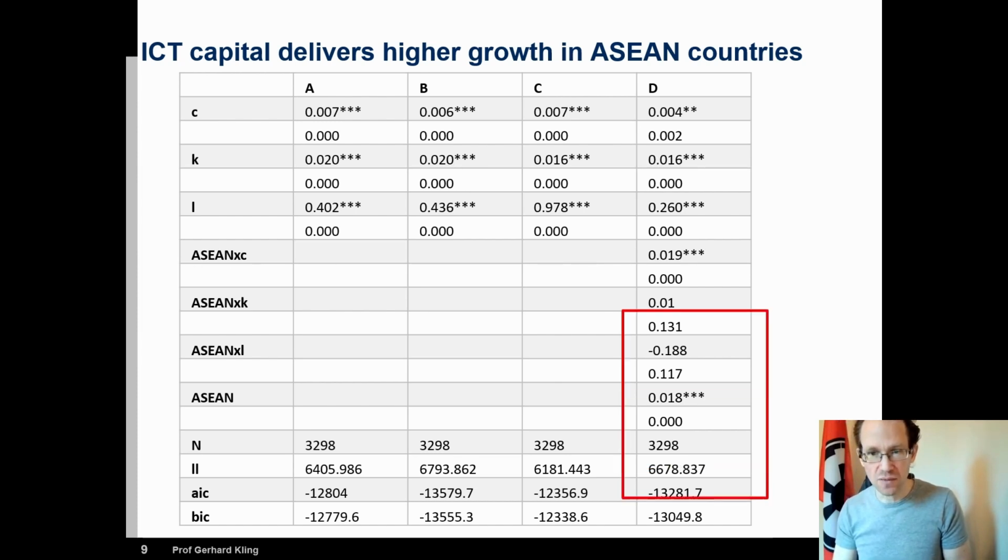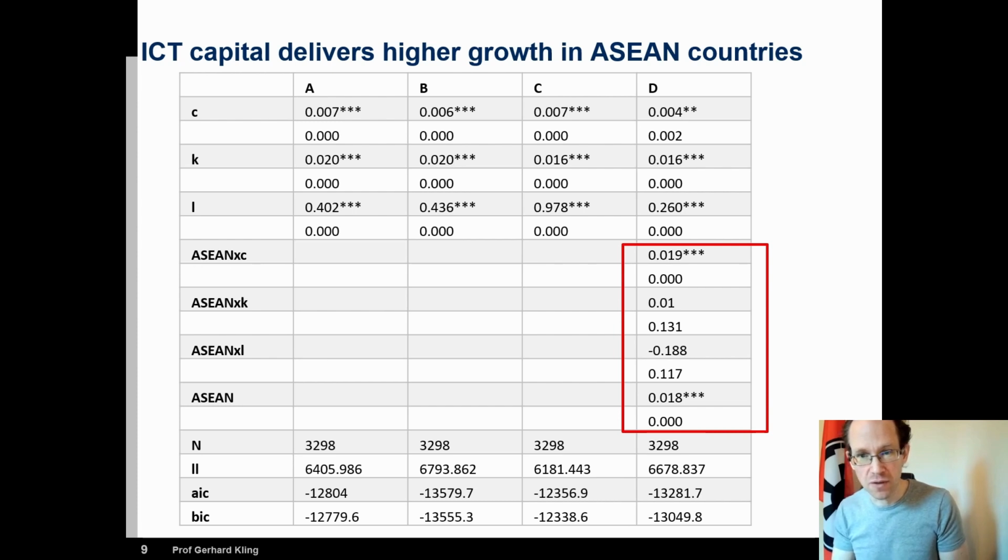However, in the case of ASEAN countries, the growth coming from ICT capital is much more pronounced compared to other countries. Now this is an interesting finding. It means that there is a higher sensitivity to ICT investment in ASEAN countries. So this is a good starting point, a good prerequisite to exploit this in the context of e-health.